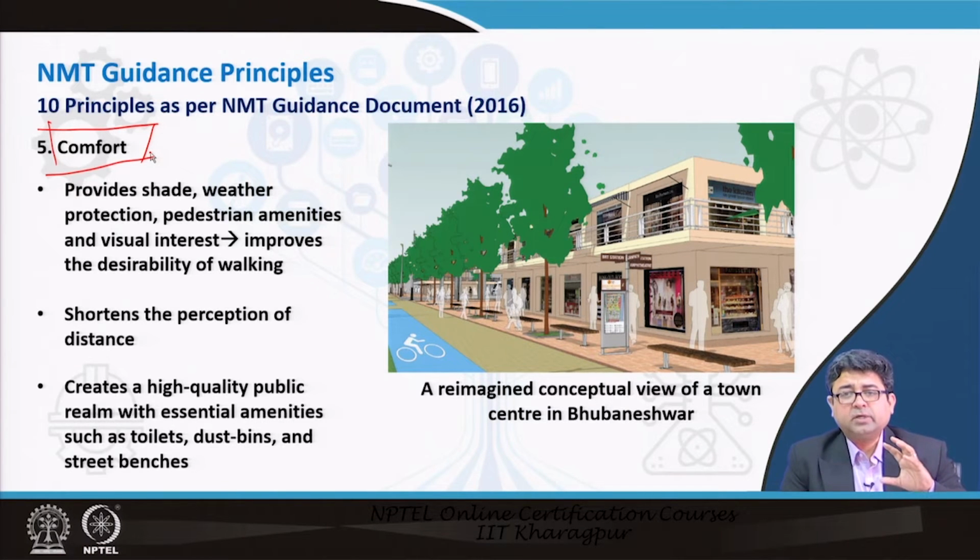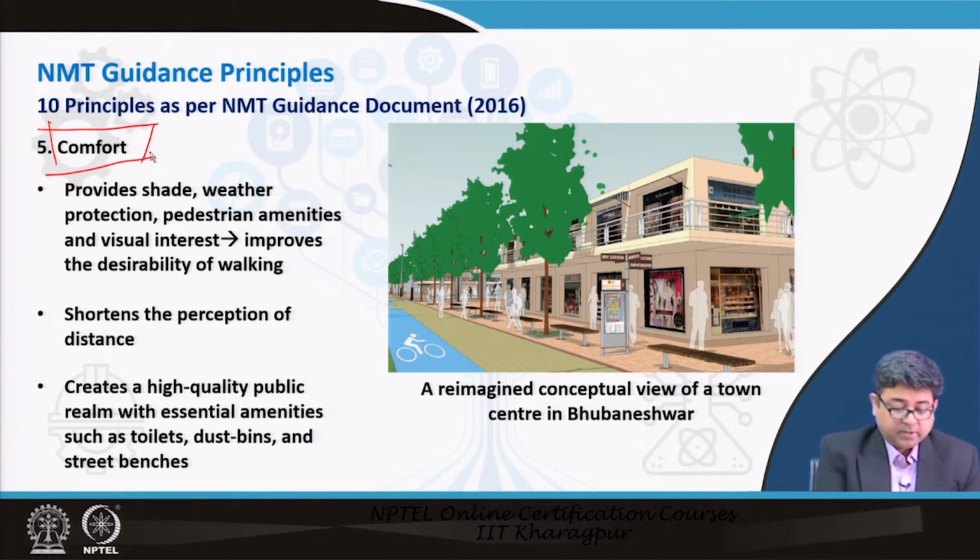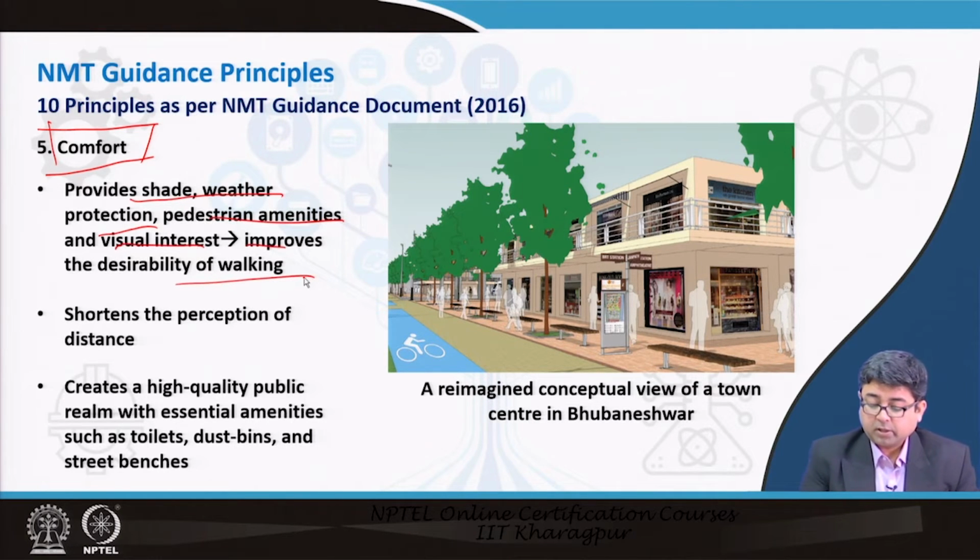But if you try to quantify it in a certain manner, you can do so, and then set a threshold for that measure of comfort, and make sure that you provide that. So, it provides shade, weather protection, pedestrian amenities, visual interest. All of this improves the desirability of walking and also cycling activity, right.